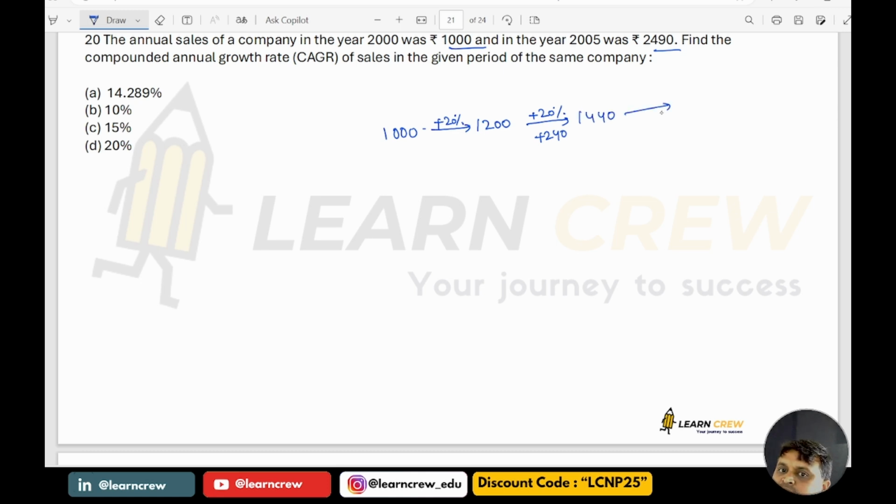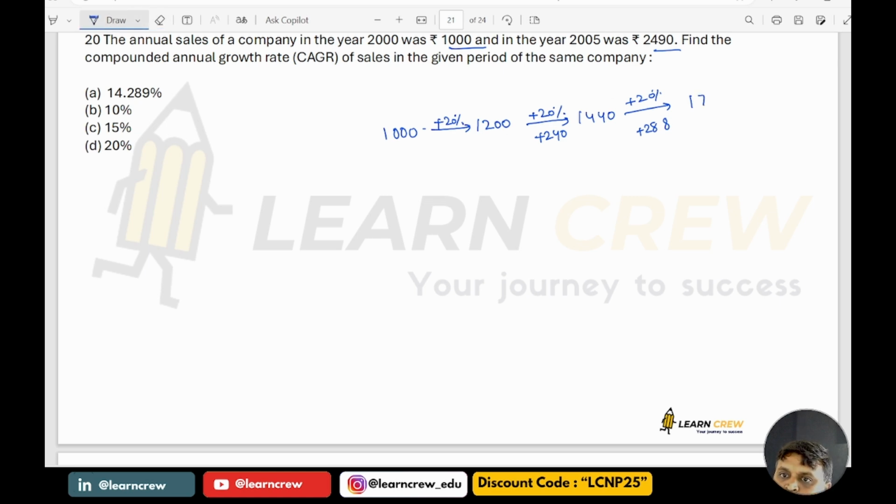Now 20% of 1440 is 288. It is not 28.8, it is 288, since 10% is 144. So it is 1728.